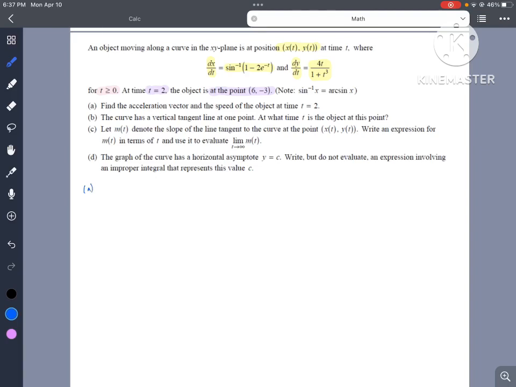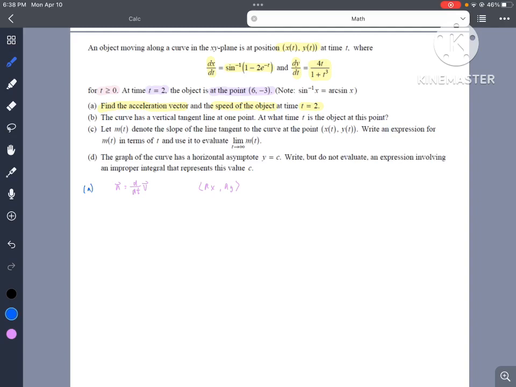Find the acceleration vector. That's part 1 of the question. Find the acceleration vector, and then the speed of the object at time t equals 2. We recall that acceleration is the derivative of velocity. It's asking for the vector, so it's going to be in the x and y directions.